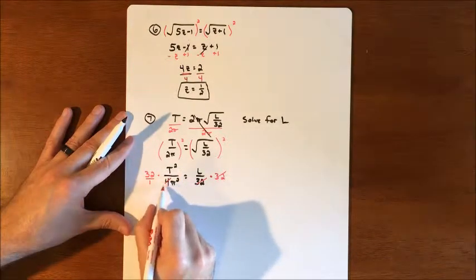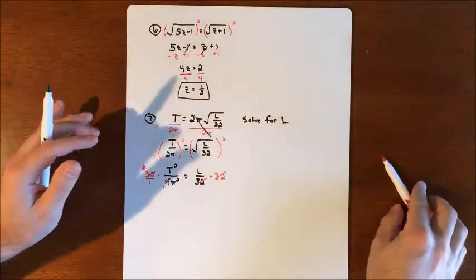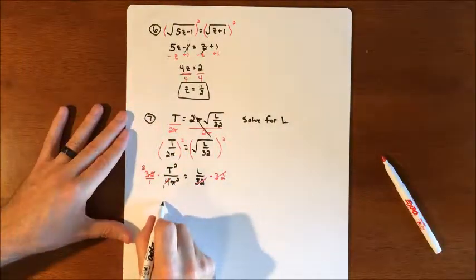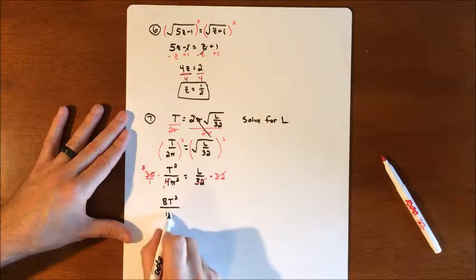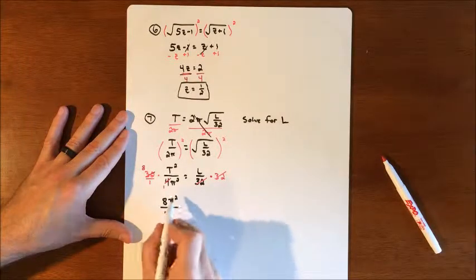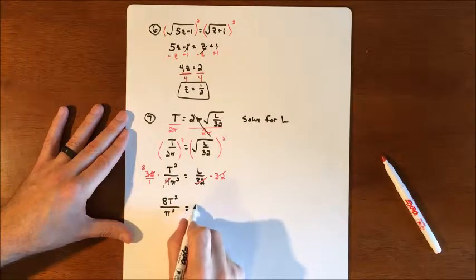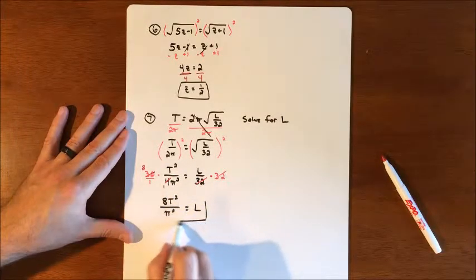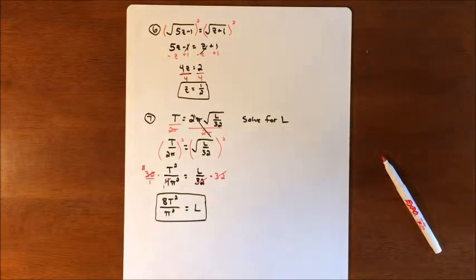So 4 goes into both 1 time and 8 times. So that'll get us an 8 T squared over pi squared, because the 4 reduced away. And then 32 is gone, so you just have an L on that side. All right, and that was solving radical equations.